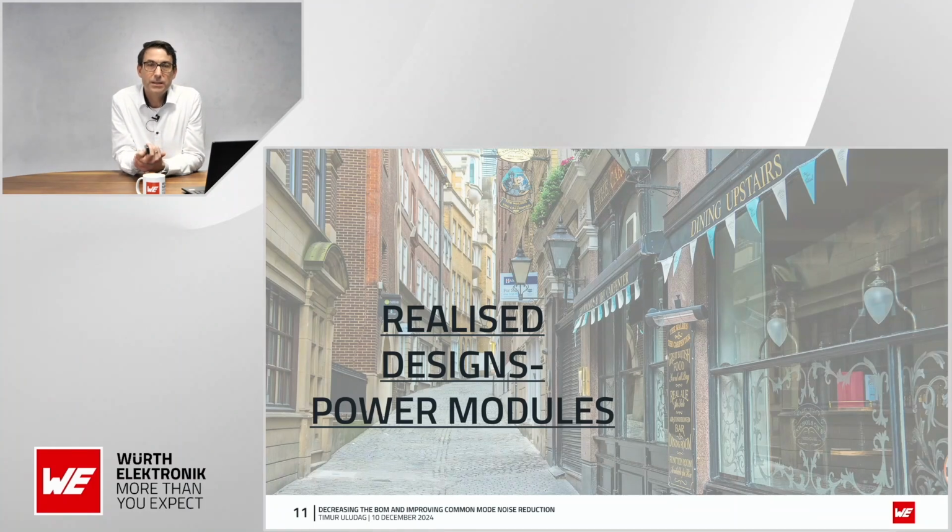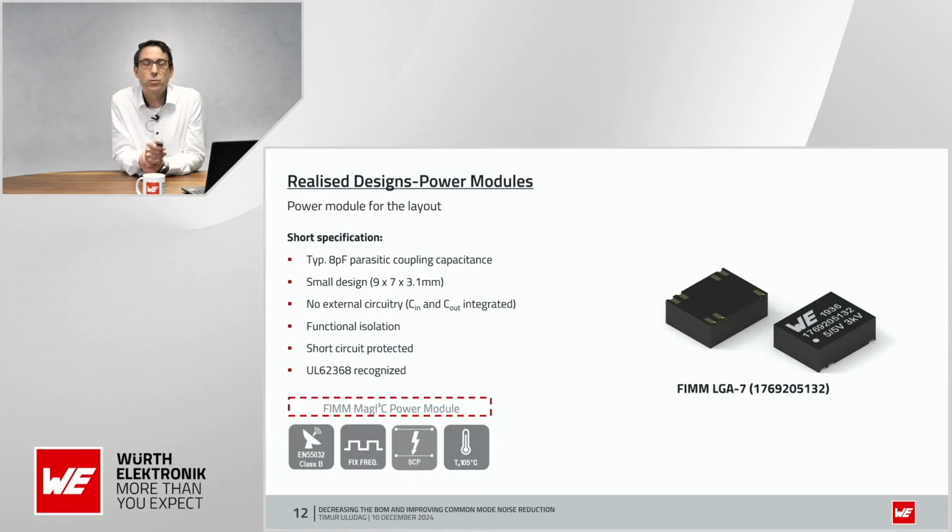So now we will go for the realized designs. But what is missing? The power module we have to take here, so that we have something that can produce this noise. We take here our new FIMM LGA 7 power module that is very, very tiny, highly integrated. And here we have only a typical parasitic coupling capacitance of 8 picofarad.